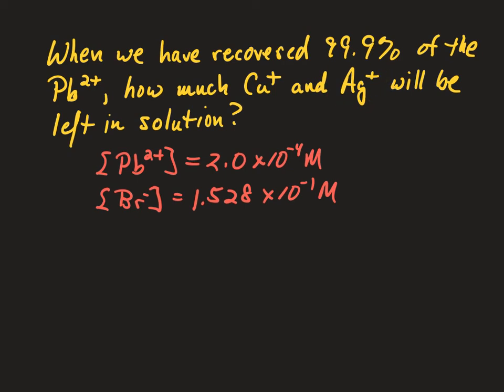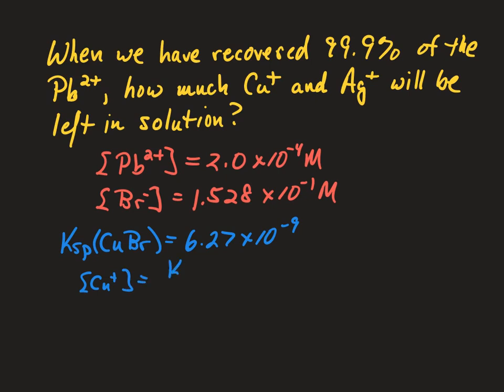Well, sure we can, because we know the KSP for our copper bromide is 6.27 times 10 to the minus 9. So we've done this a couple of times. Our concentration of copper ion will be equal to our KSP divided by the concentration of bromide ion.